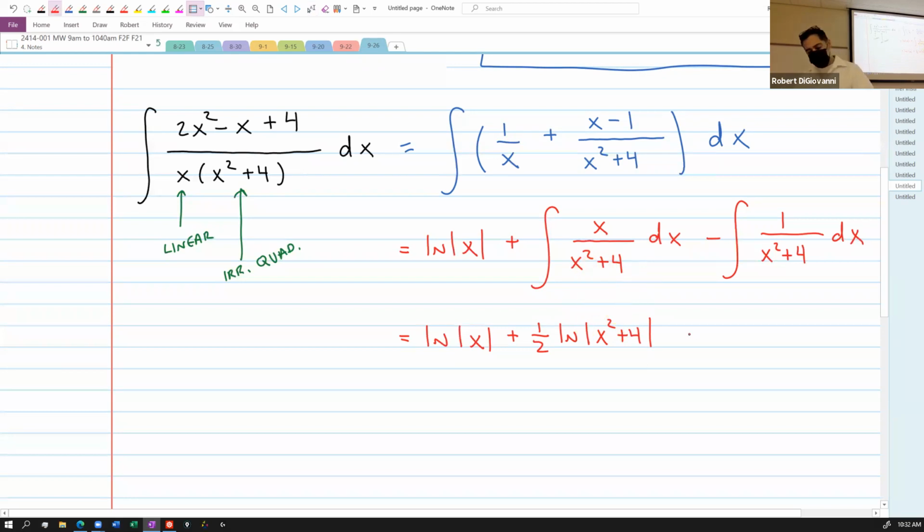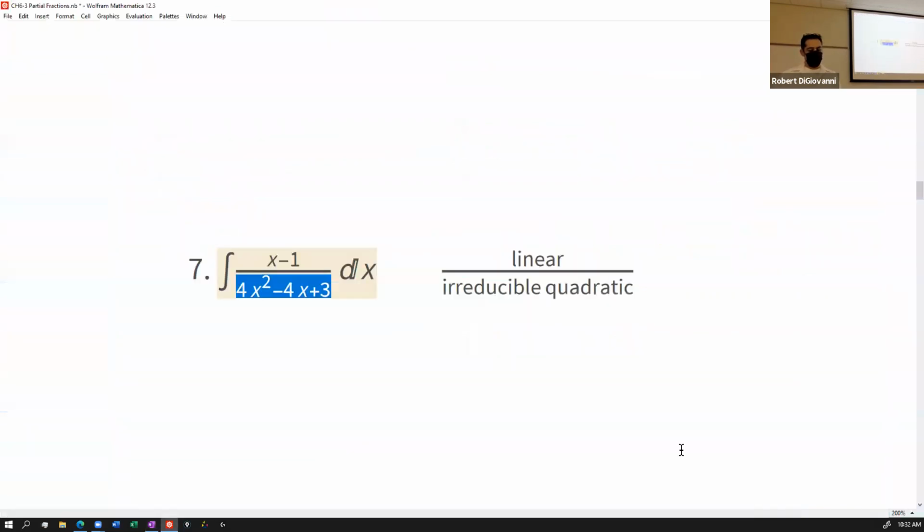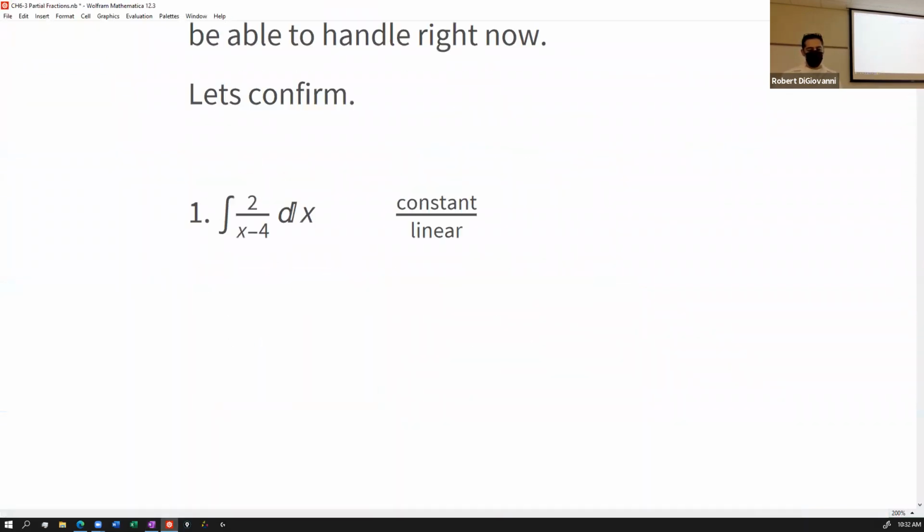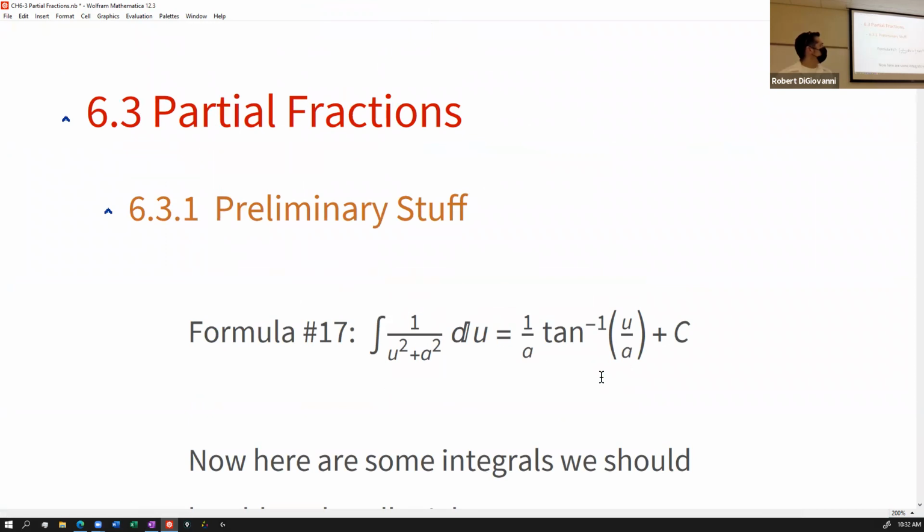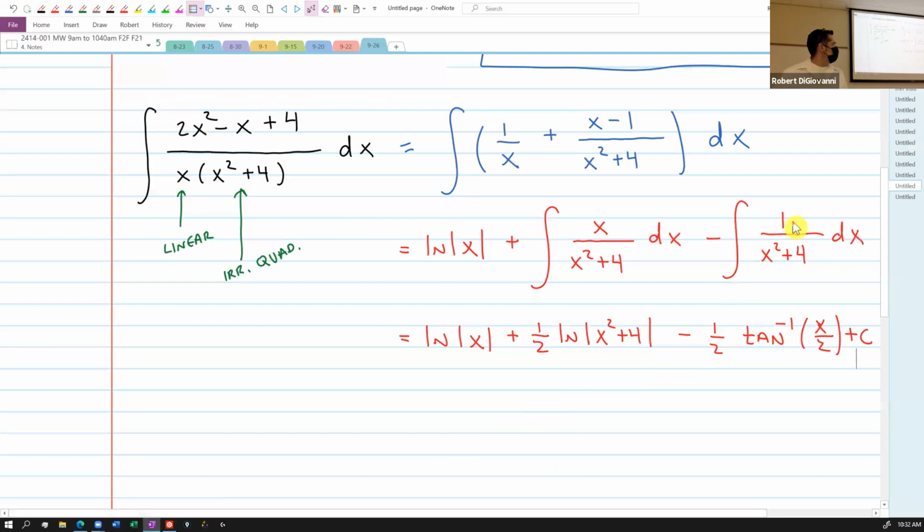And then over here, this one is 1/2 arctan of x over 2. That's formula 17, I believe. That was the very first thing we learned at the beginning of class last time. Remember this? Right there. That's what that last one is.